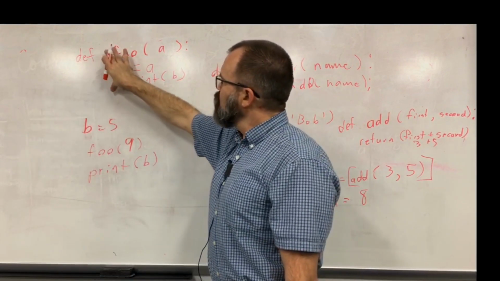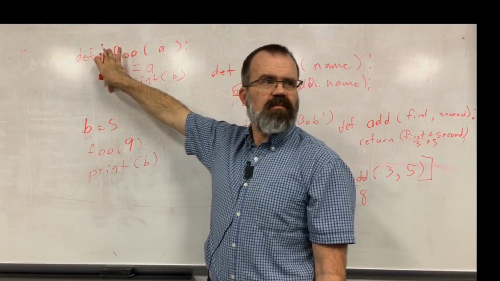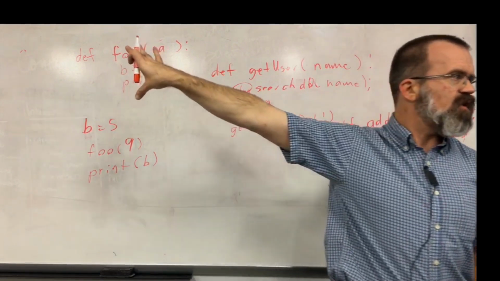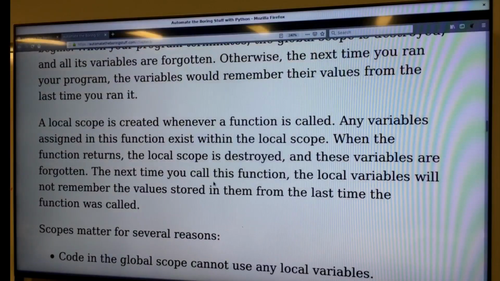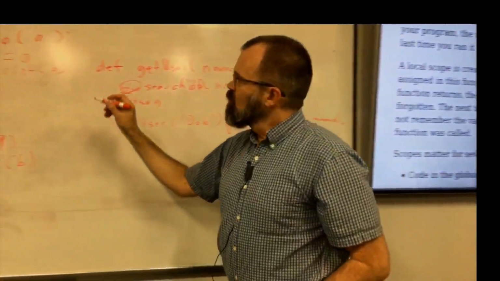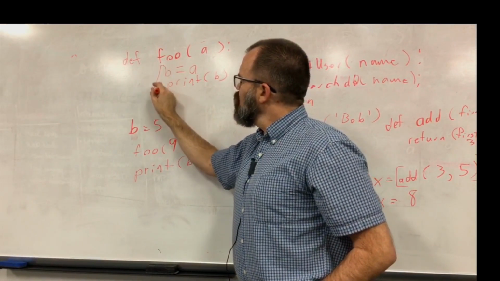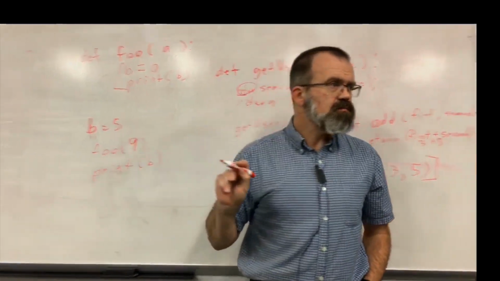Okay? Because when I'm thinking about writing this function, I don't want to have to scan my entire code base to find out if I already used that variable in some module somewhere, maybe even in something that I have not imported yet. So the reach of this variable b is only within this block.